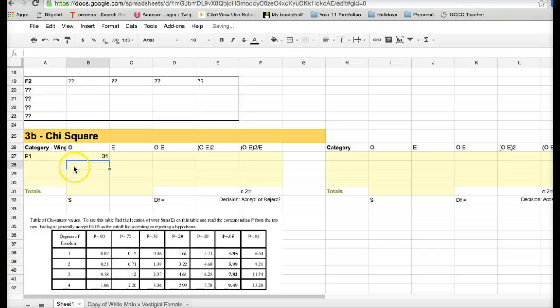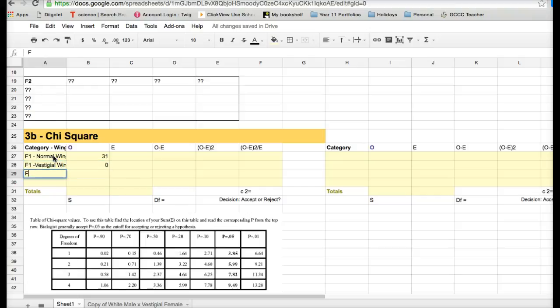So it's going to be 31, and that was normal wing. And for my F1 generation vestigial wing, I had 0 observed.